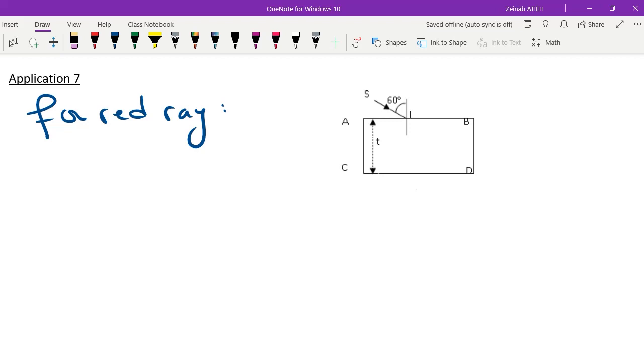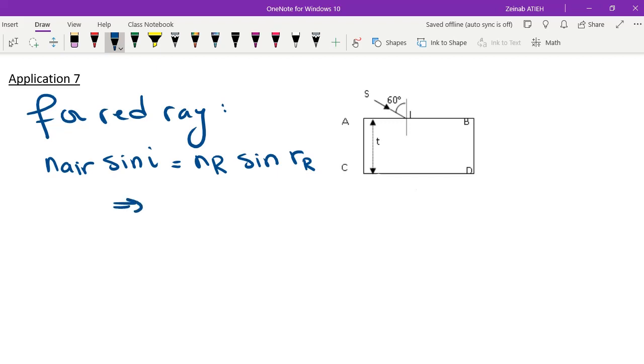In air, sine i equals n_R, the index of the medium for the red ray, times sine r, which I will call r_R for the red color. Calculate that. You have everything.